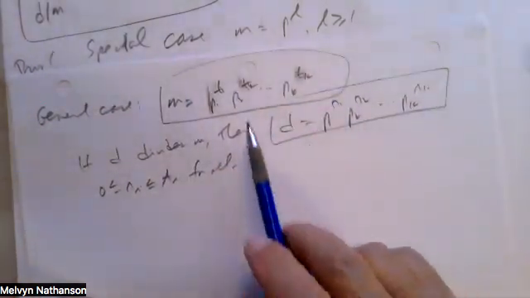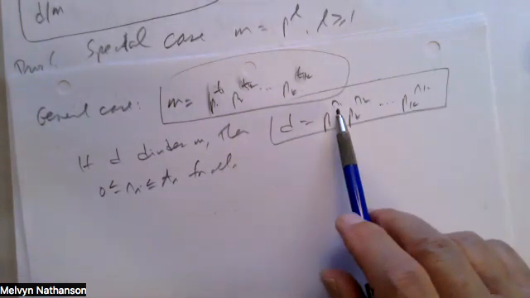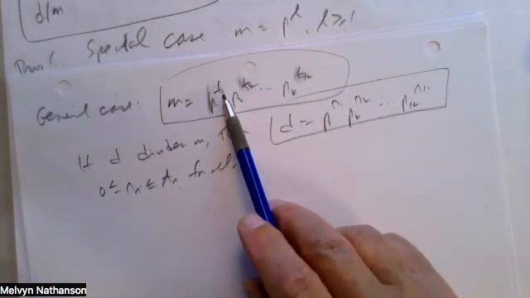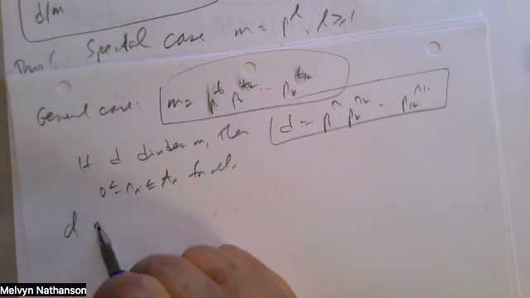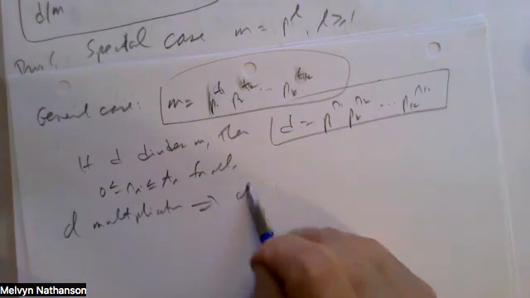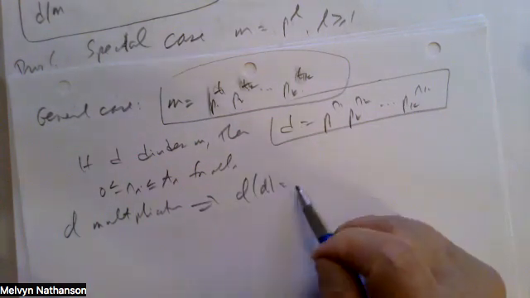So this is m, and this is a divisor of m. It's a product of the same primes where the exponents are no greater than the exponents occurring in the original m. And because phi is multiplicative, phi of d is phi of p1 to the r1 up to pk to the rk. That's the product phi of p1 to the r1 up to phi of pk to the r sub k.